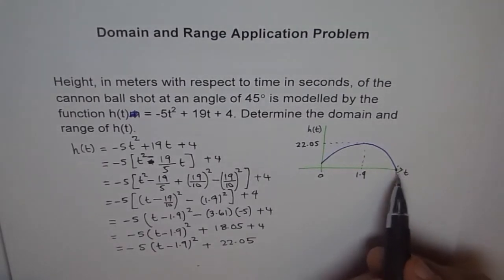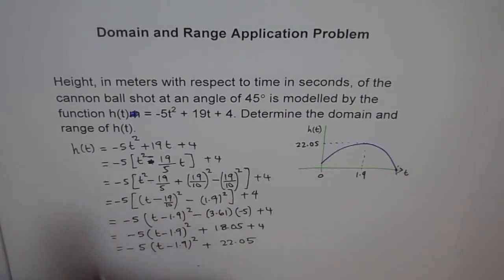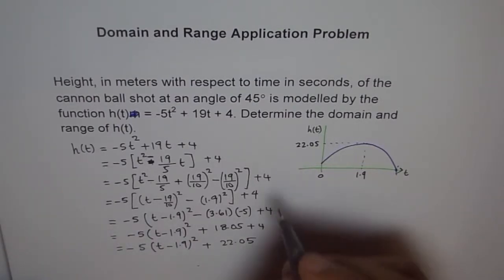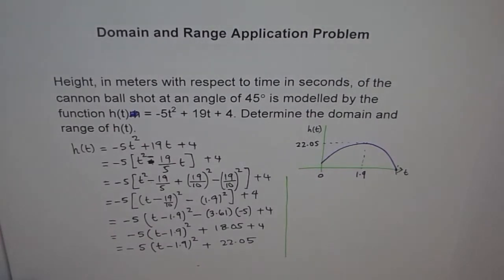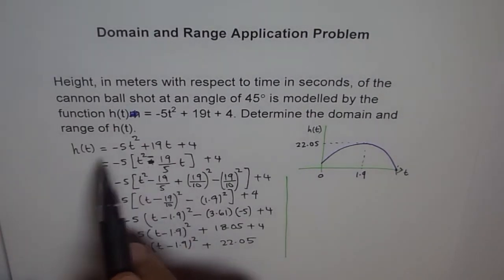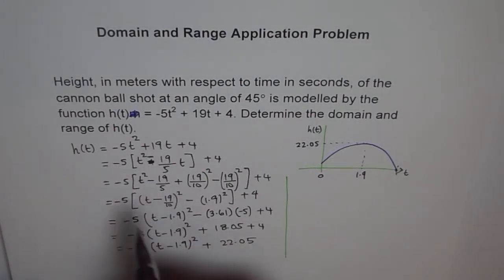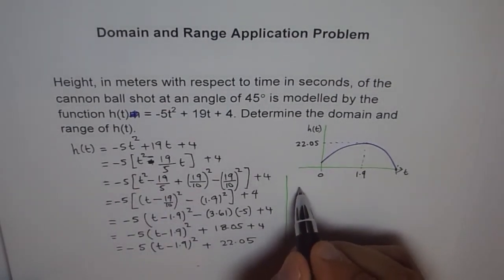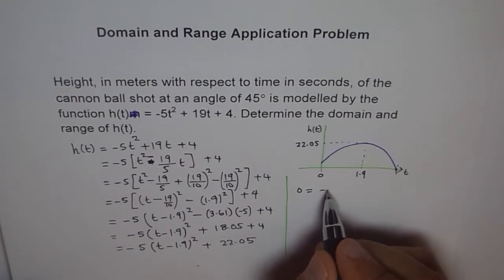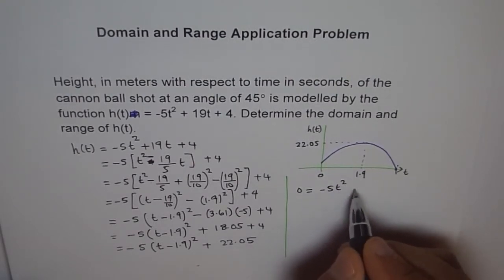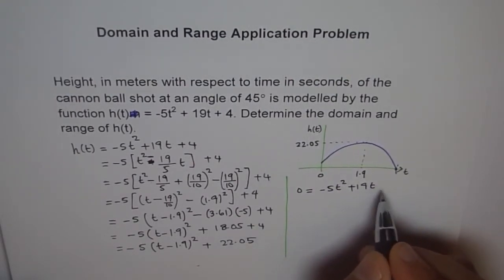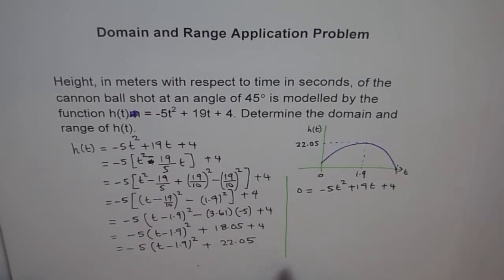To find the time when the height will be 0, we can equate h of t to 0 and find the value of t. So we say 0 equals minus 5t squared plus 19t plus 4, correct?